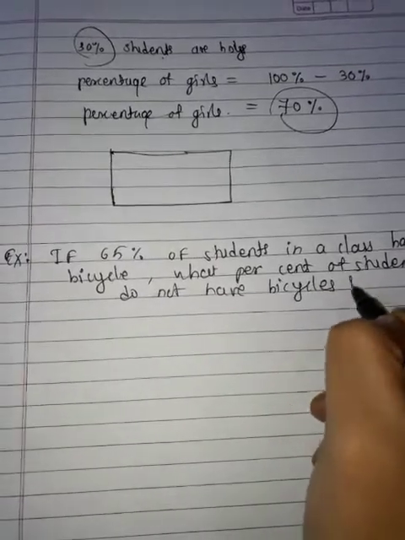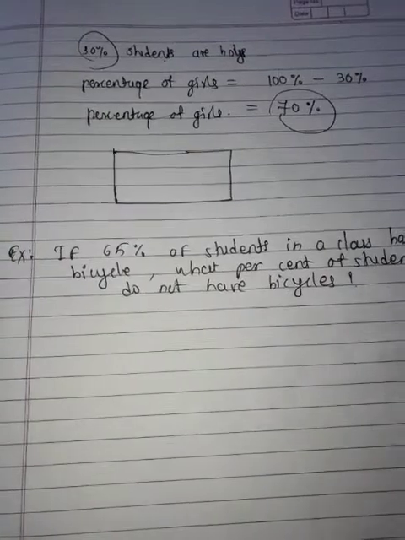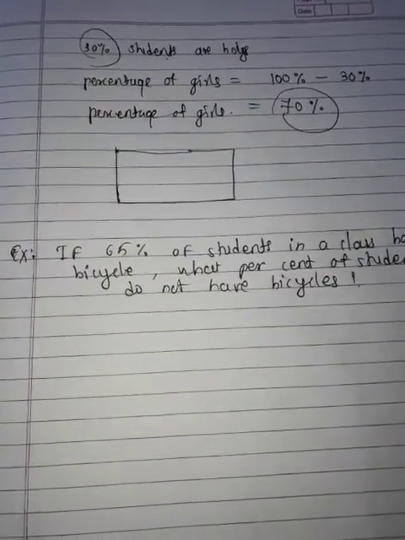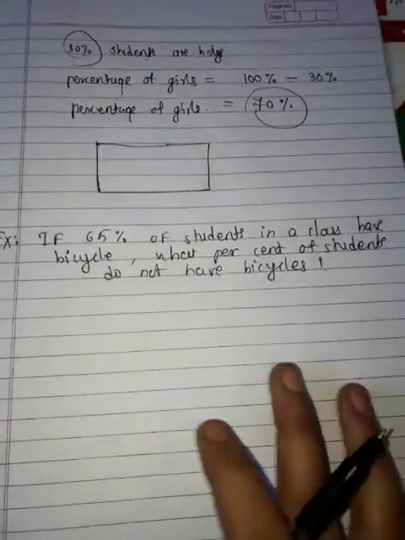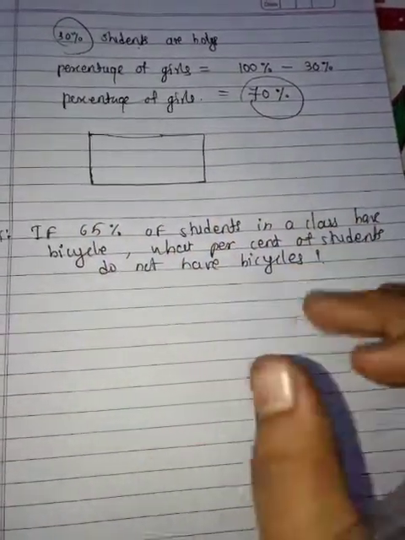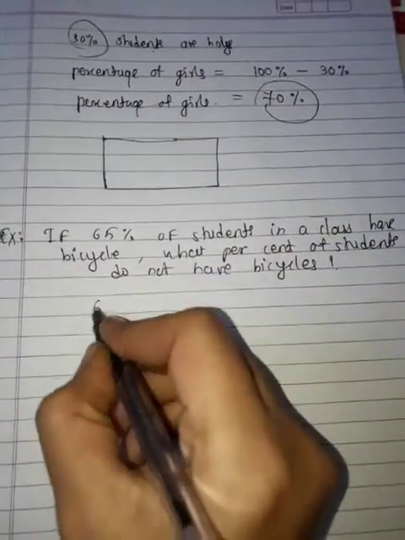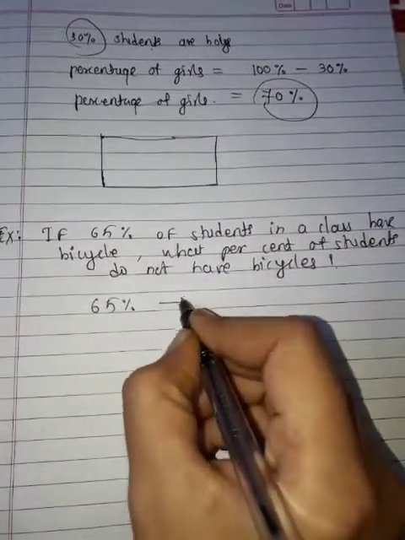Again I will tell, all the parts when added must give 100%. So see here, out of all the students, 65% of students in a class have bicycles.